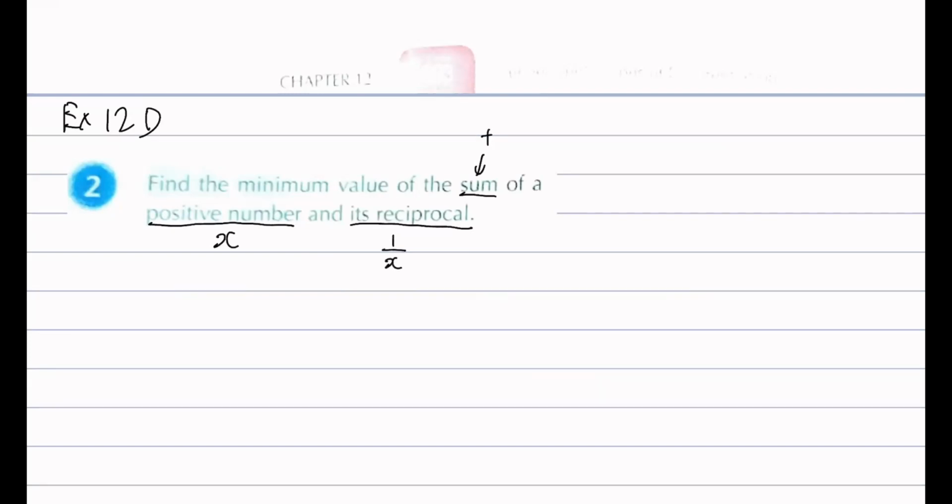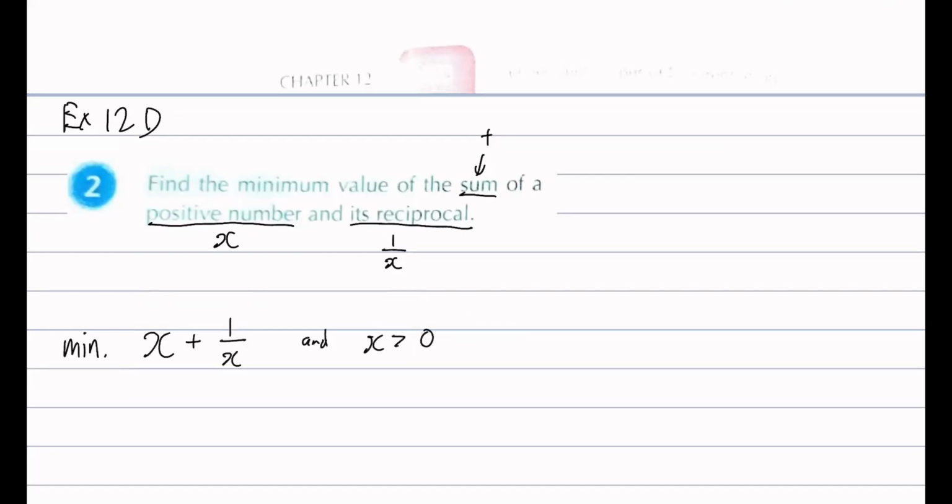So must translate from the English sentence into an equation. It's really asking you x plus 1 over x, find the minimum. To summarize the question, this is all they're asking you to do. One more condition, given that x is more than 0, positive.